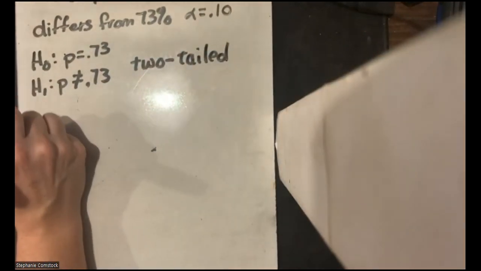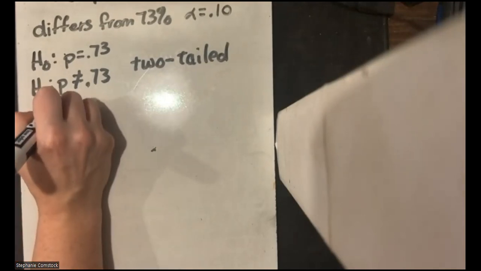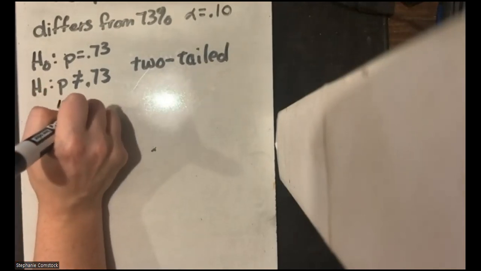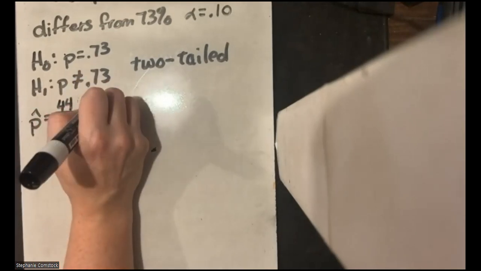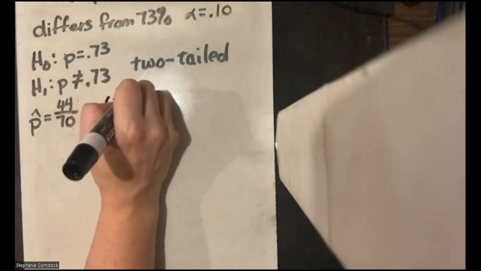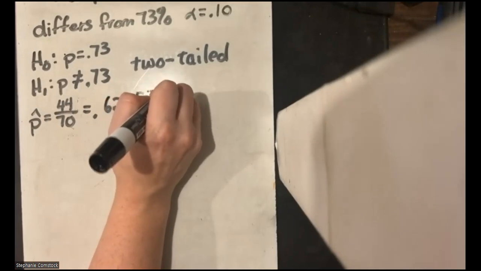Okay, so now let's find p-hat. 44 out of 70 is going to be 0.6285714.